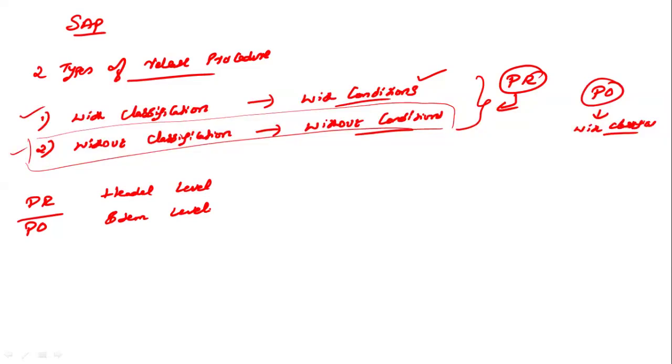And item levels will be for what is the item, its quantity, price, the delivery date, all those things. Okay. Any more answers?